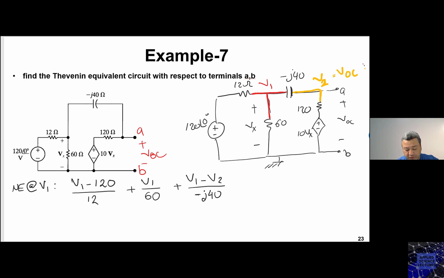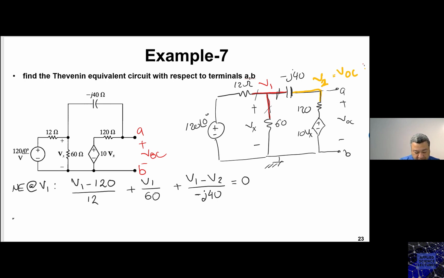Now, how would you make sure that you did not miss anything? You look at the currents that you have written the nodal equation for. Look at the number of the connections between the other components. I have 1, 2, and 3. Only 3, and this is what we have done. Then this is equal to 0. So this equation is the first nodal equation.